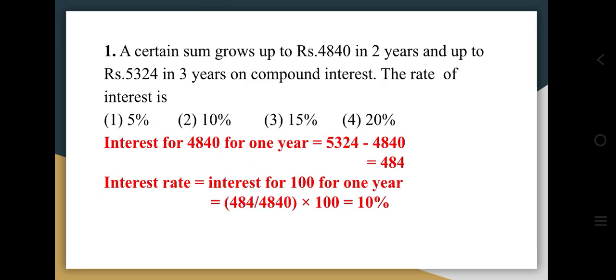For example, the first problem: a certain sum grows up to rupees 4,840 in 2 years and up to rupees 5,324 in 3 years on compound interest.